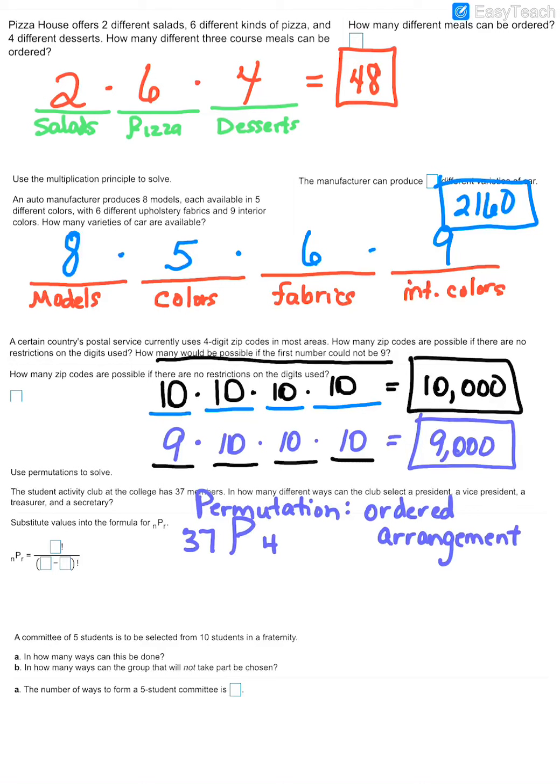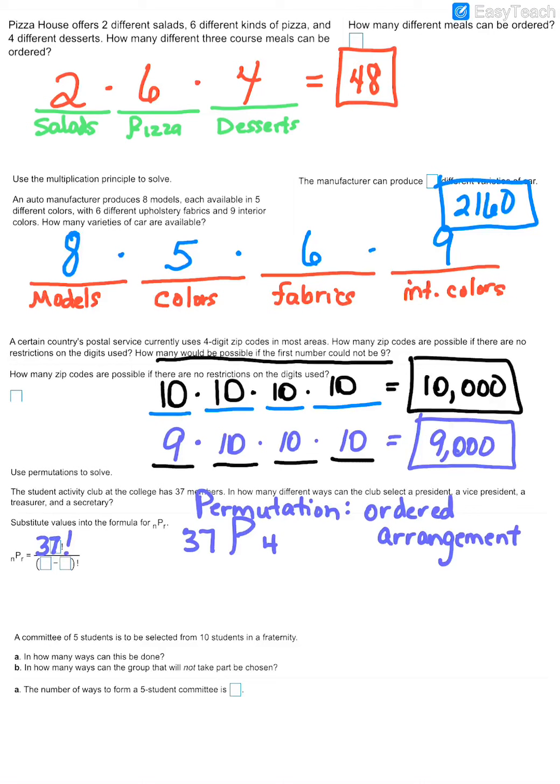So I'm going to show you how to not only punch this out on your calculator, but we'll also talk about what the formula means here because they're asking you to fill that in first. So N refers to the number you're choosing from. That's my 37. And you'll see with this formula, it has what we call a factorial on top. You're just filling in the 37. 37 factorial means you're going to take the number 37 and multiply it by every whole number less than that until you get to 1.